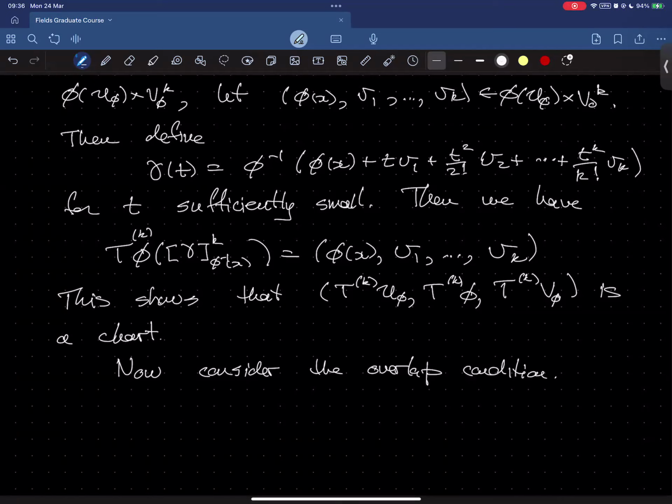Okay. So what we're going to do, this really amounts again, as I said before, to the chain rule. What I want to do is fill in a few more details that I didn't quite fill in about what the overlap condition looks like.